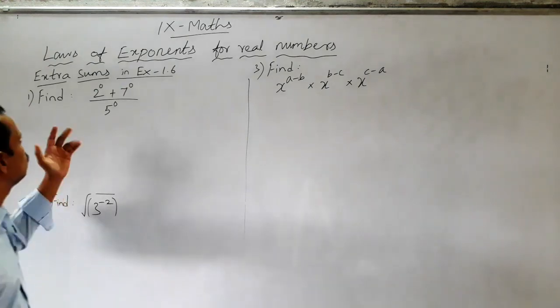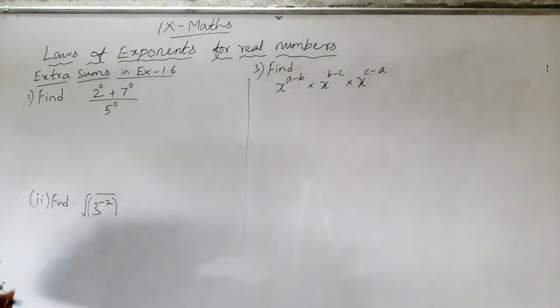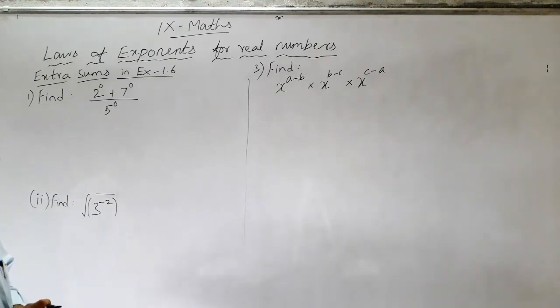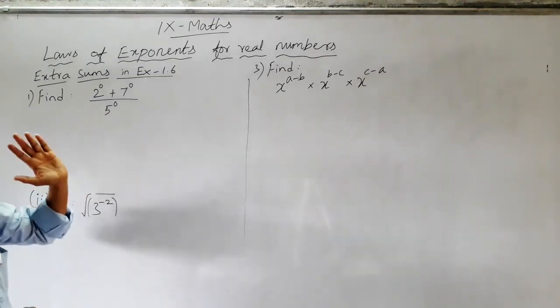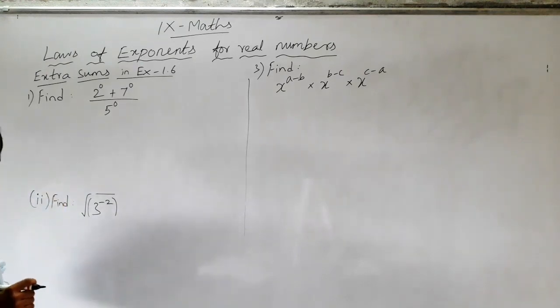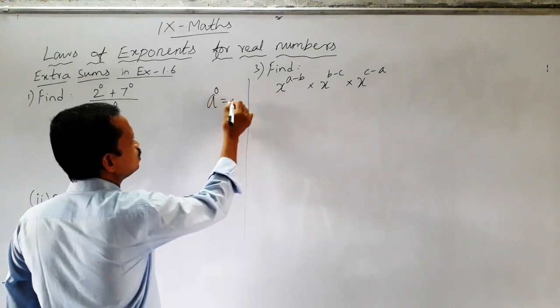Dear students, now let us see some extra problems. First sum, find 2 power 0 plus 7 power 0 by 5 to the power 0. You see, in the numerator and denominator, the bases are different, but the exponents are 0. You know, anything power 0 is 1.